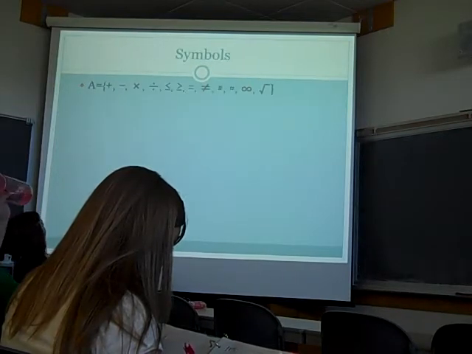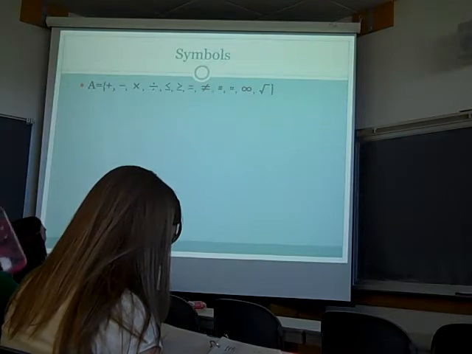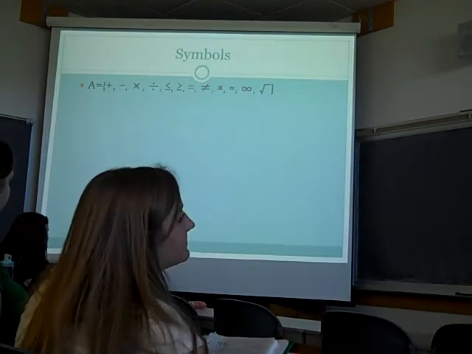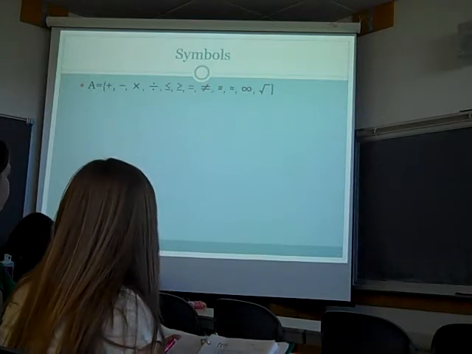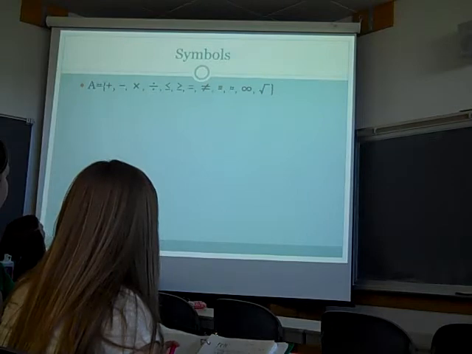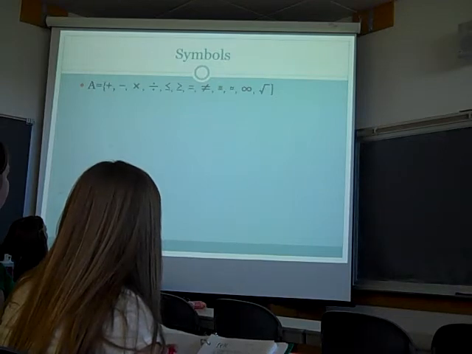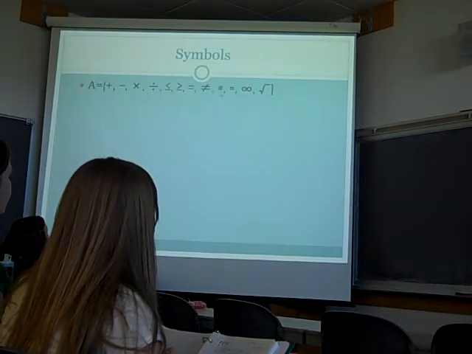All right, here's a set. We'll call it set A. And it's got a bunch of mathematical symbols in it. Does everybody know all of them? Anybody want to ask about any of them? Yeah. The 4th to the last. That one? Yes. Anybody know that one?